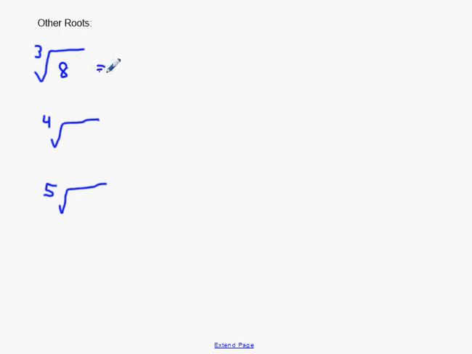So the cube root of 8 would be 2, because 2 written down 3 times and multiplied gives you 8. Whereas the fourth root of 16 would equal 2, because 2 written down 4 times and multiplied would give us 16. And the fifth root of 32 would equal 2 because 2 written down 5 times and multiplied would give us 32. But these are examples of other roots.